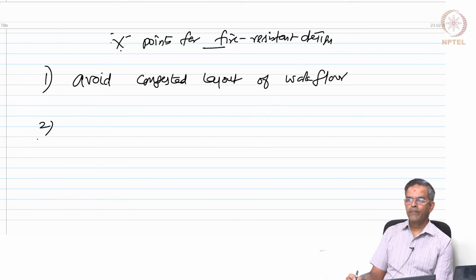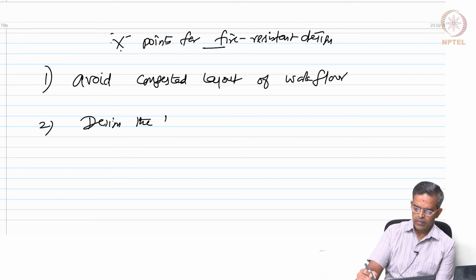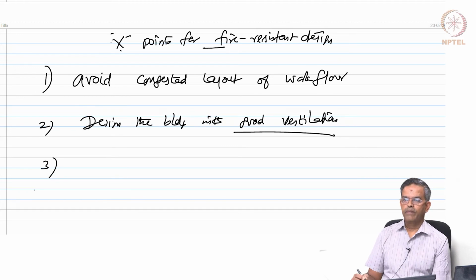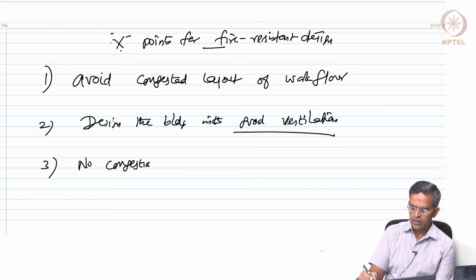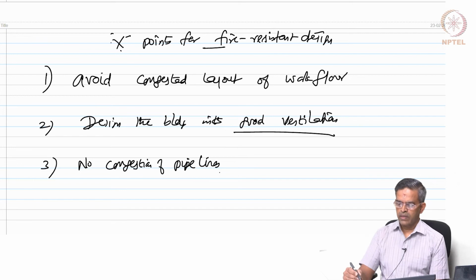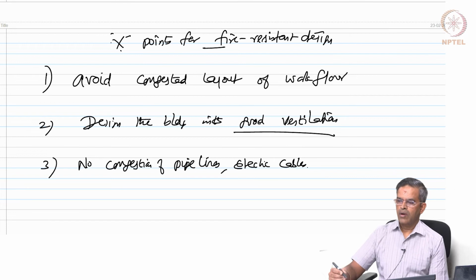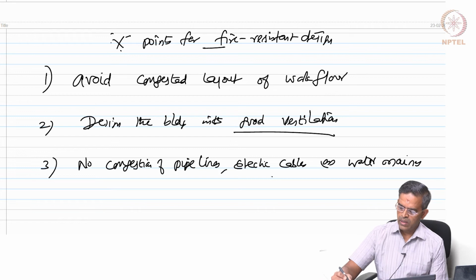Two, design the building with good ventilation. Three, there should be no congestion of pipelines, electric cables or water mains in any flow.